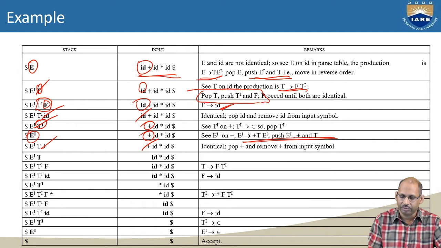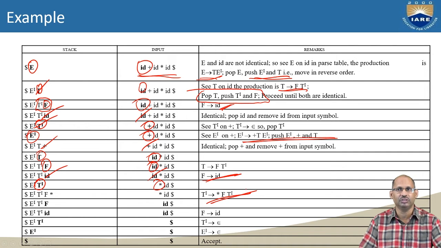Then T and ID. Right? So T and ID, which is giving T equal to FT dash. So we are storing T dash F. Right? Then F and ID. So we are writing ID. So ID and ID we are matching. Then T dash and multiplication. So we are considering T dash gives multiplication FT dash.